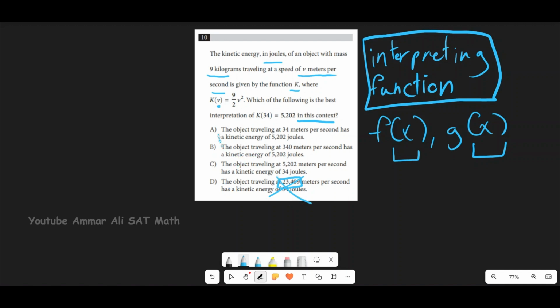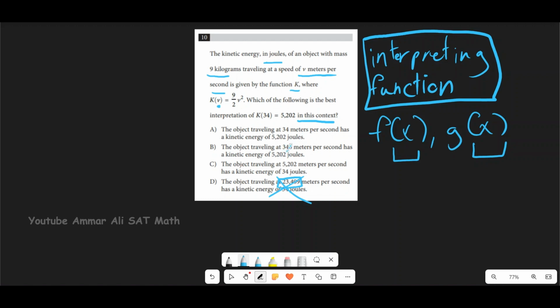All right, so now we're left with A, B, and C because these have numbers that we're seeing in the problem itself. We see some 34s, we definitely see some 5202s. But look at letter B: the object traveling at 340 meters per second has a kinetic energy of 5,202 joules.